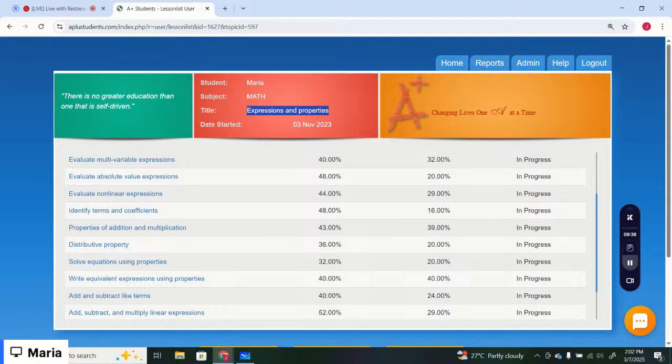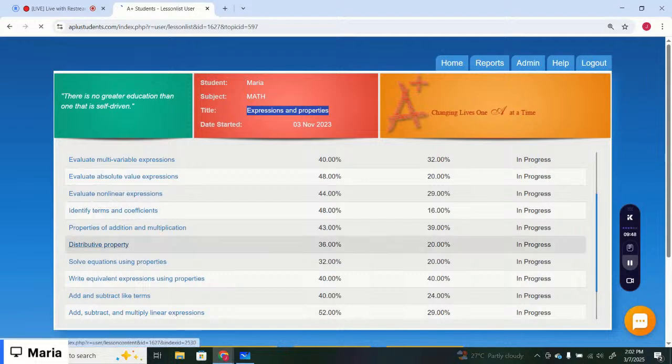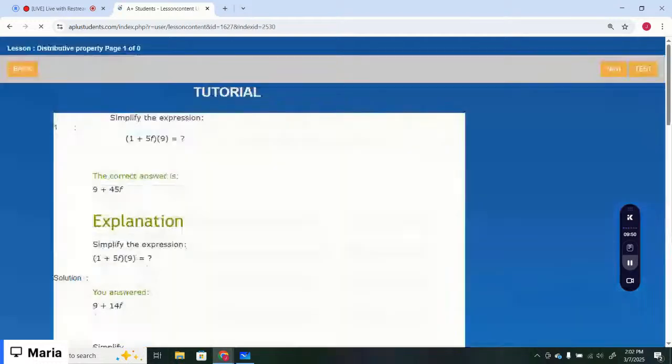Here I'm on grade 7 math. Chapter we're on right now is expressions and properties. Let's just start with the lesson that is distributive property.